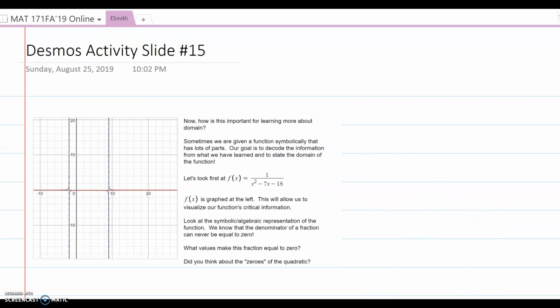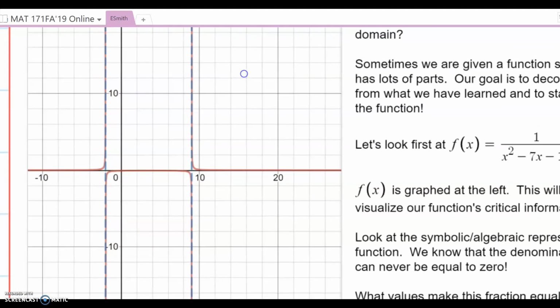All right, then the last one. The last one is a little bit complicated and different because look at the scaling on the graph. It's not going 1, 2, 3, 4, 5. If this is 10 here, it's going by 2s. So it is going 2, 4, 6, 8, 10.